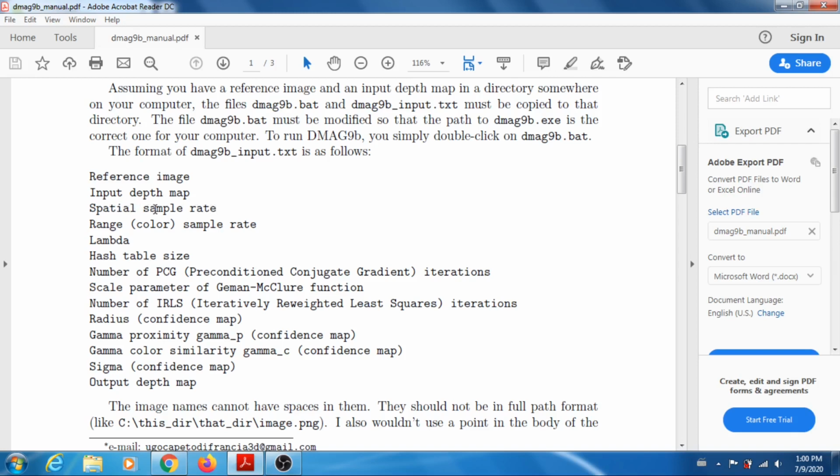If the spatial sample rate is low, say like 2 or 4, and if the color sample rate is also low, your output depth map is very likely to be very similar to your input depth map. As soon as you increase those two rates, the output depth map is going to really diverge from the input depth map.